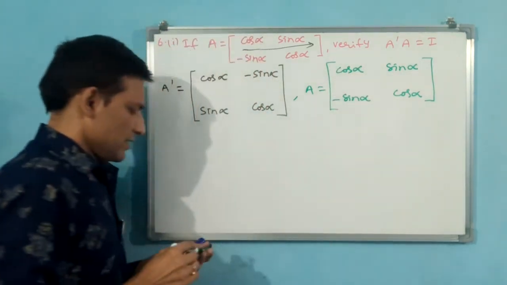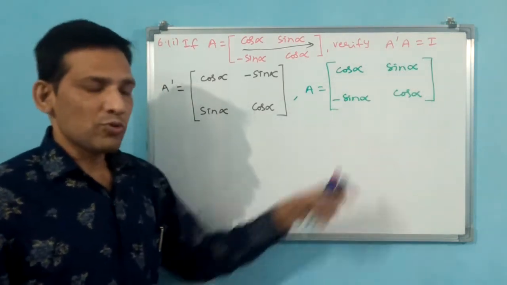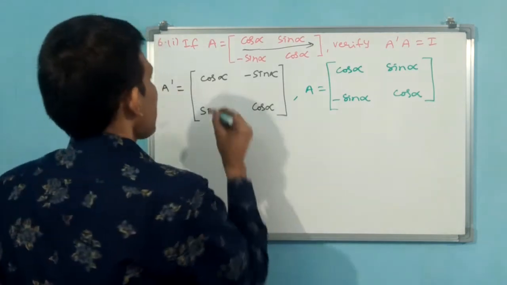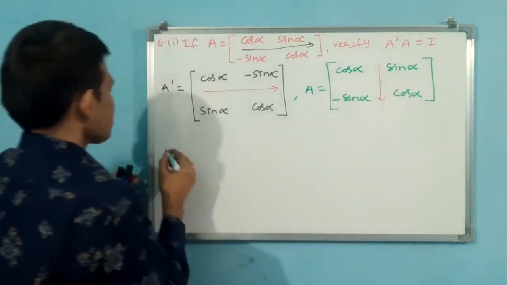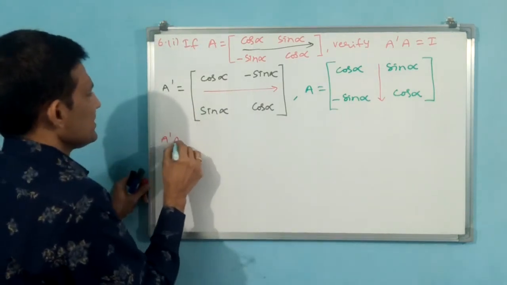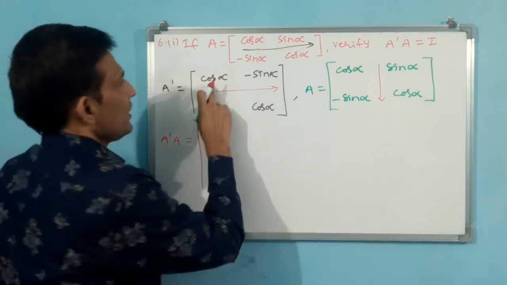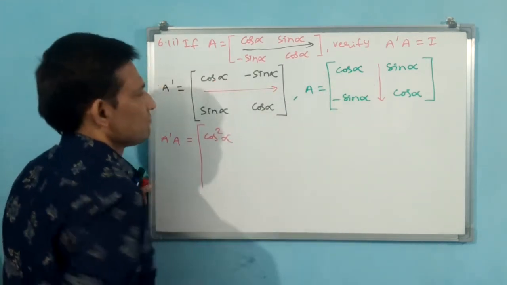Now you see A transpose A. These two you have to multiply. For doing multiplication, arrows are required. A transpose A is equal to: cos alpha into cos alpha, cos square alpha, directly I am writing.